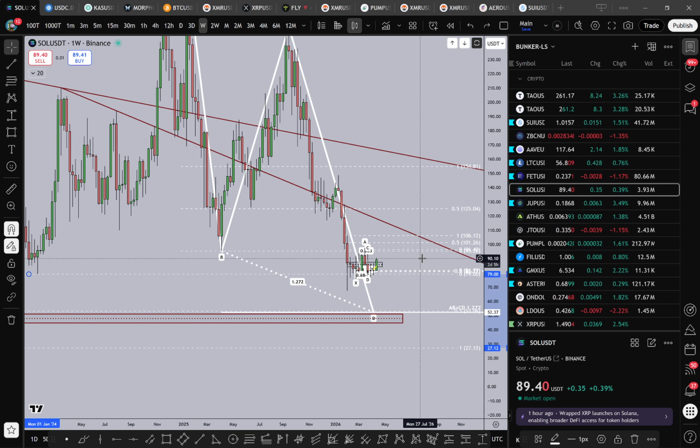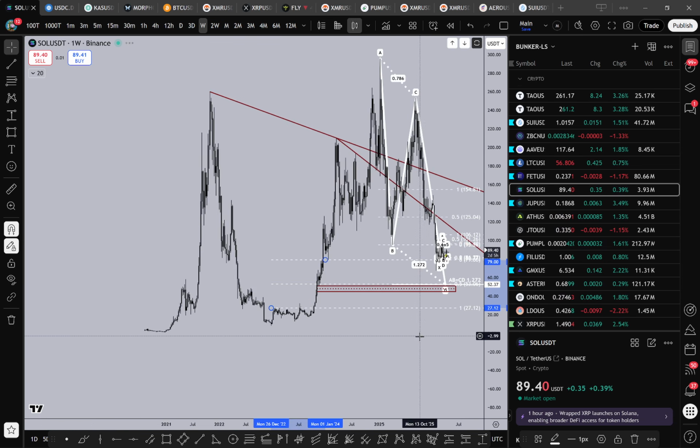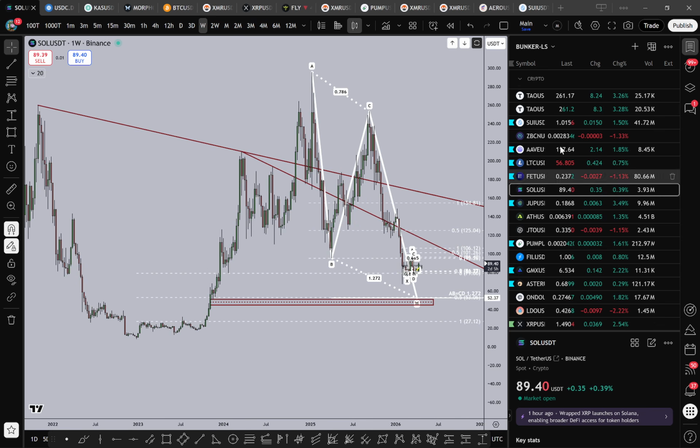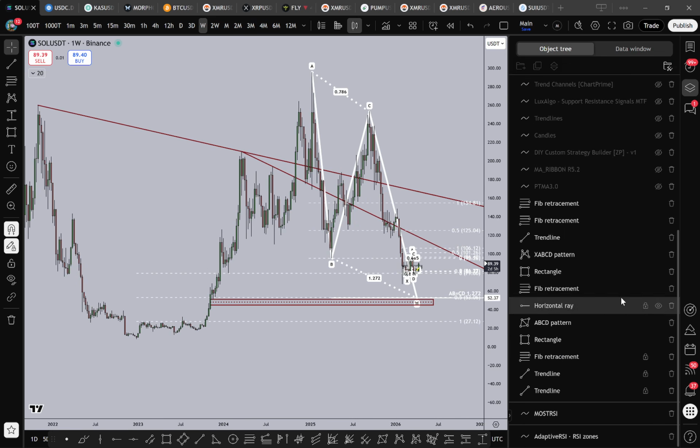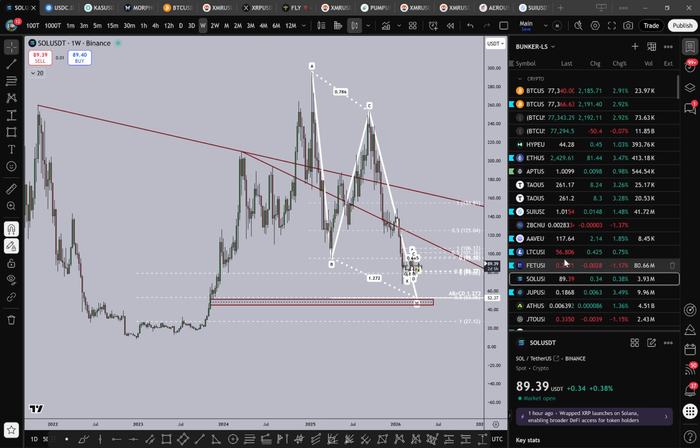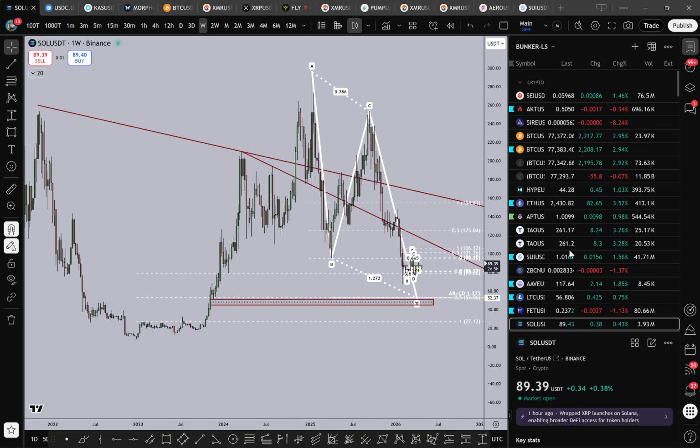Now, right off the bat, the first thing you ask yourself always is, are we at a significant enough level to consider for accumulation and such, right? So why is there only one SOL chart here?